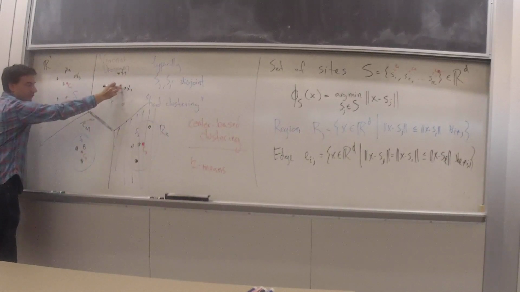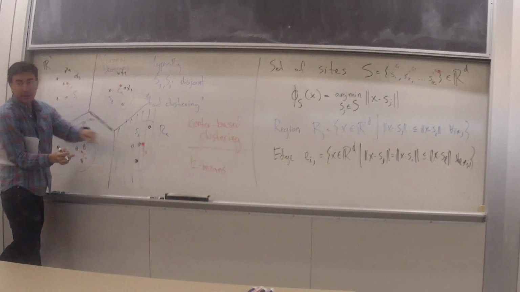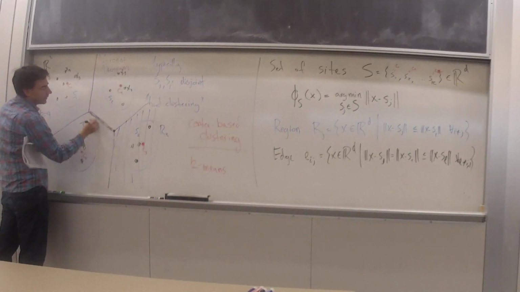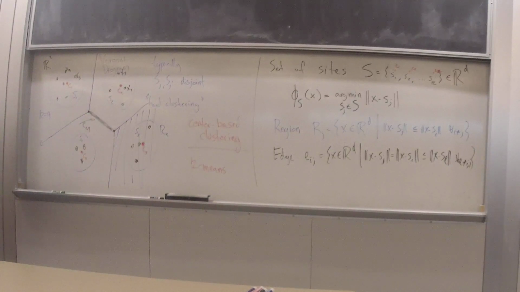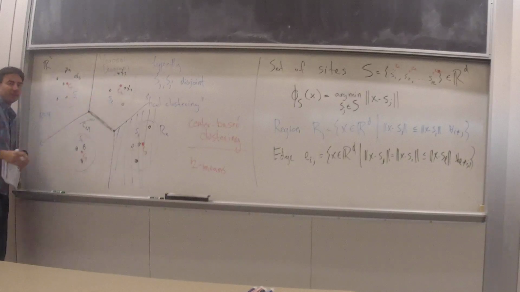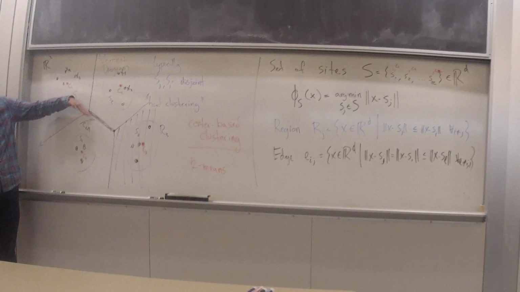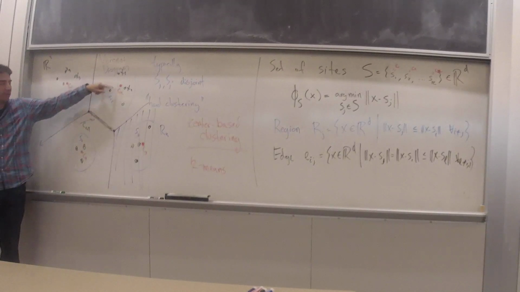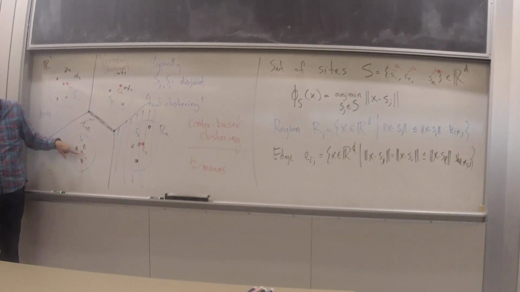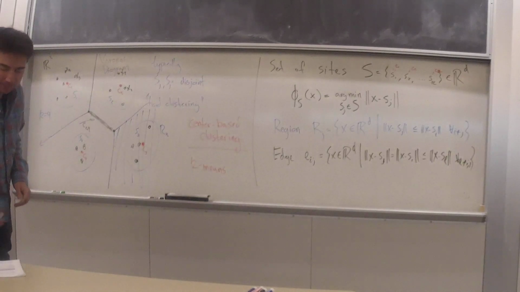They're equal distance to these two points, and they're less than the distance to either of the others, right? So it's going to end at some points, these vertices here. All these points are equal distance, and to convince you that these points are exactly the bisector between s_2 and s_4, and a bisector is going to be a straight line.